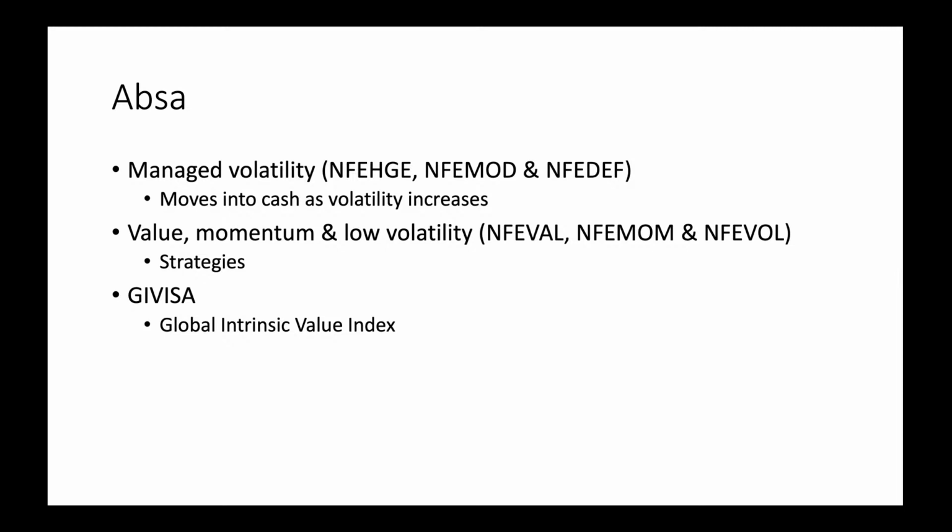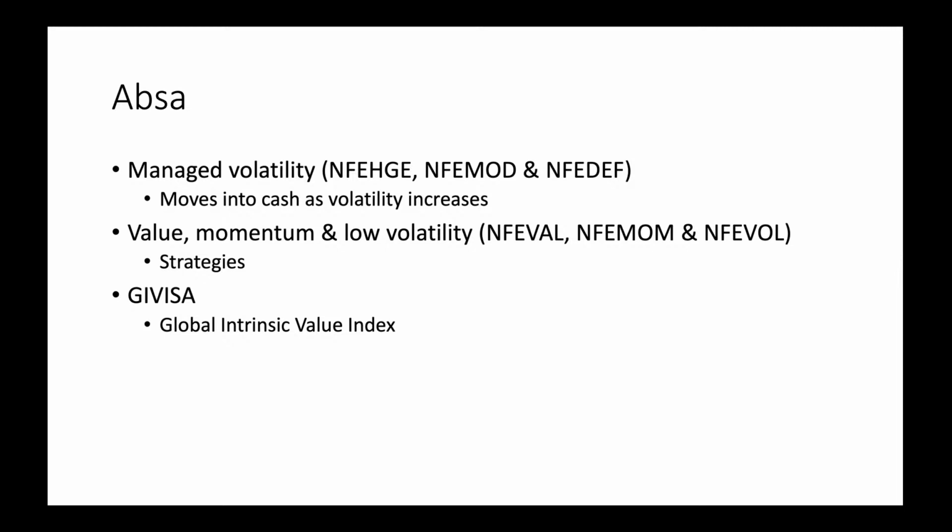And then as markets recover, it goes back into equity. Your defensive one will typically underperform in the bull markets because it'll probably have some level of cash, whereas your high risk will go full equity. But your defensive one will do much better in collapsing markets because it will swing into cash fairly quickly and exit the equity.